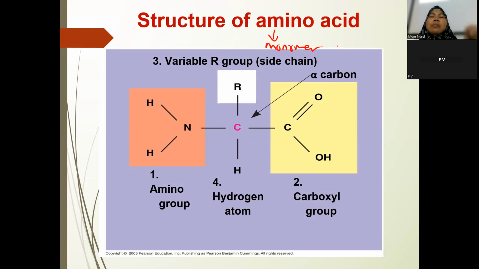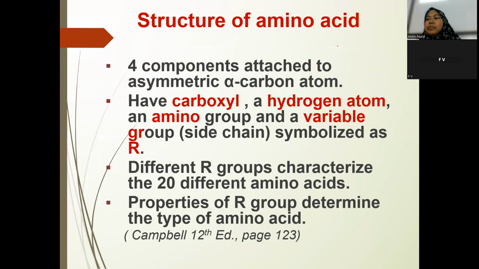So, amino acid shape or structure is like this. Okay. Alright. Let's see here. There are 4 components attached to the asymmetric alpha carbon. So, ada 4 komponen yang akan terikat dengan alpha carbon ataupun kita panggil carbon tengah.